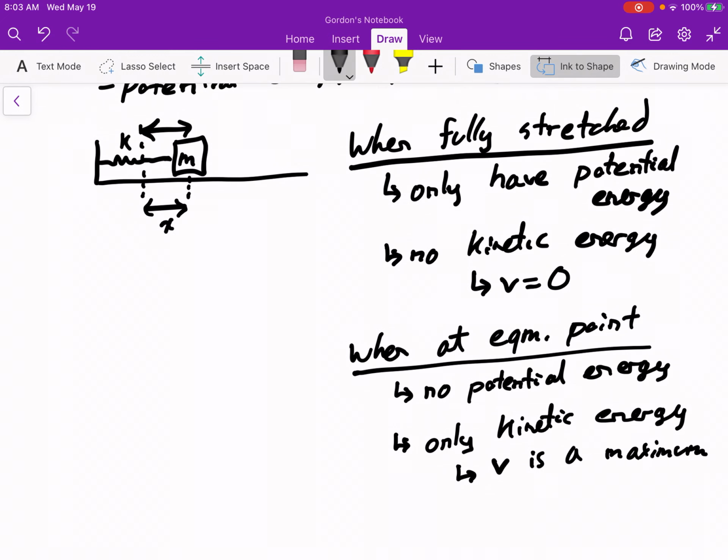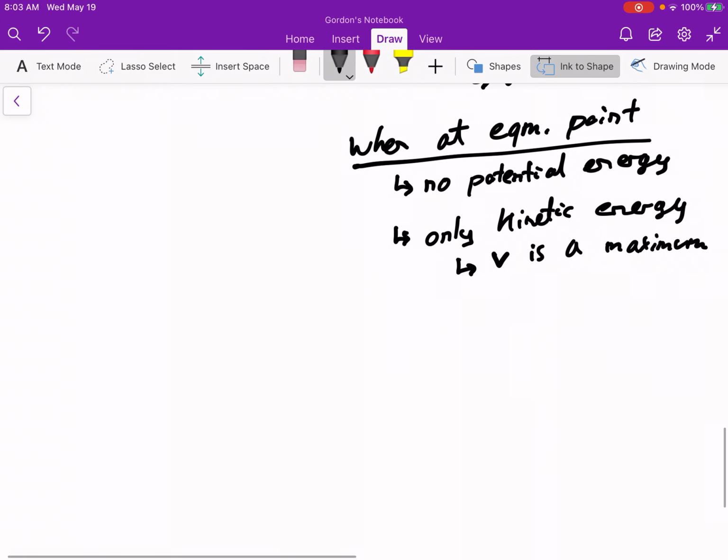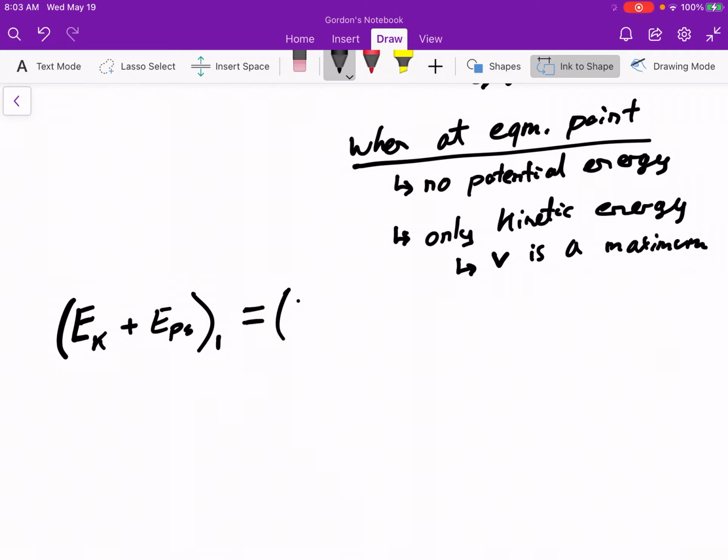The important points to consider here again: when fully stretched, we only have potential. When at the equilibrium point, we only have kinetic. So one way we can think about it is that the kinetic energy plus the spring potential energy at any one point is always going to be equal to the kinetic energy plus the spring energy at a second point.